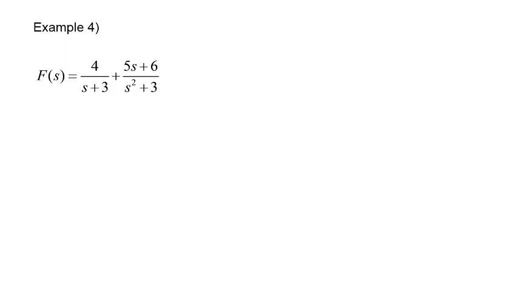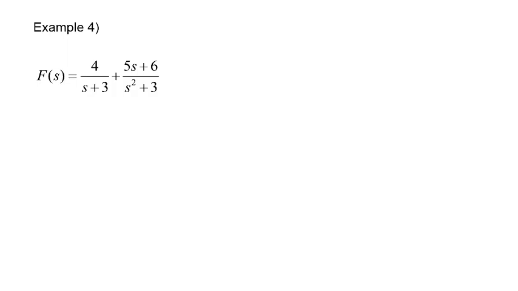So given in example 4, cap F of s is equal to the fraction 4 over s plus 3, plus the fraction quantity 5s plus 6 over the quantity s squared plus 3. We want to find the inverse Laplace of this by finding rules that match each piece.